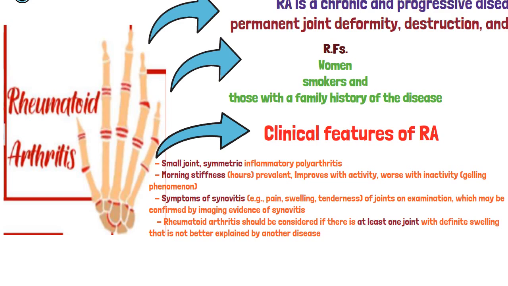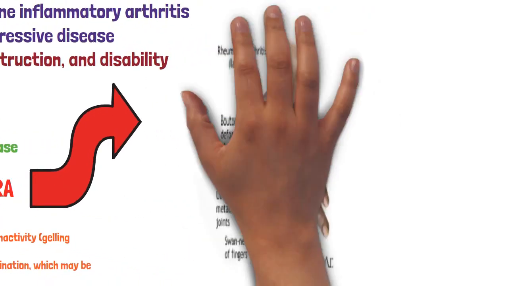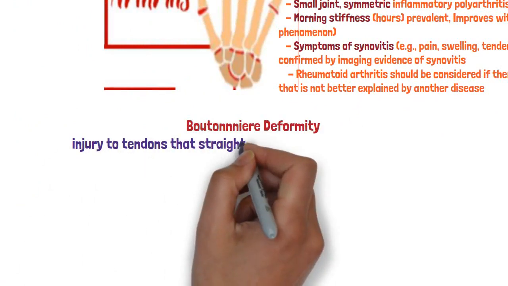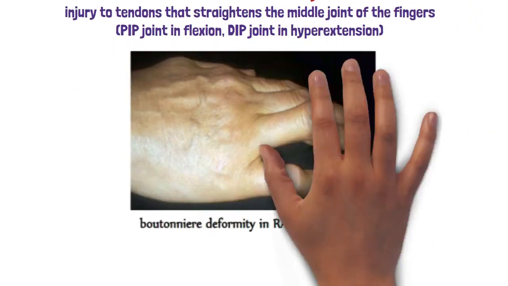Rheumatoid arthritis should be considered if there is at least one joint with definite swelling that is not better explained by another disease. Deformity of the joint results from injury to the tendon that straightens the middle joint of the finger, in the form of boutonniere deformity, affecting the proximal interphalangeal joint in flexion and the distal interphalangeal joint in hyperextension.